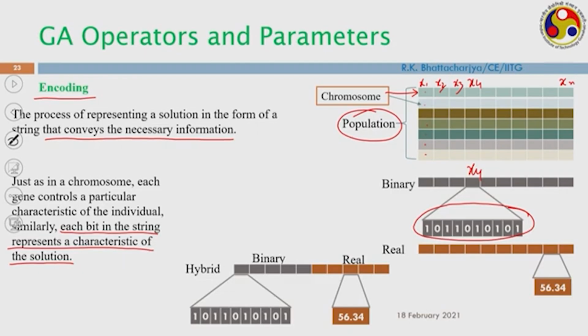Or otherwise, I can also take real values, decimal values. Here I will say this is a binary bit and here this is a real value. Sometimes some of the variables I take as real variables and some as binary variables, and in that case it is known as a hybrid string.